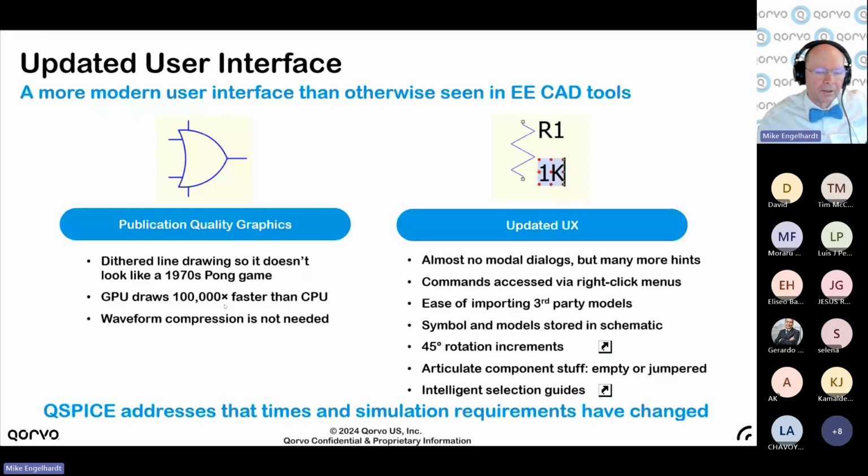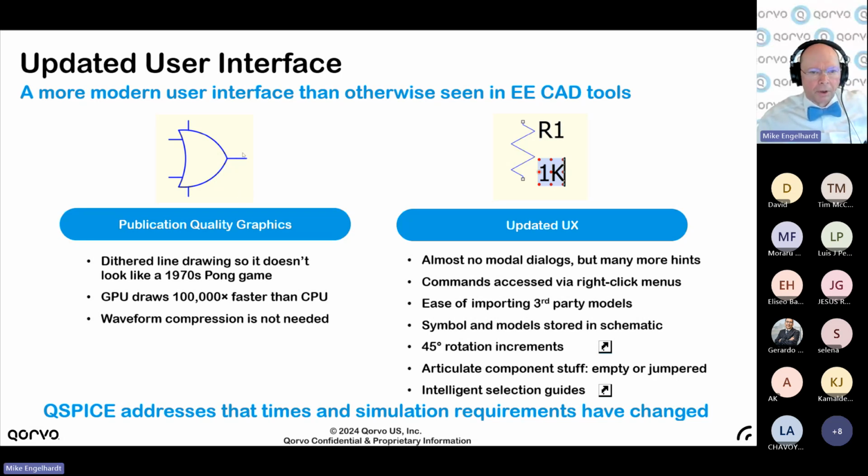You just can't go back to an older CAD tool that looks like you're actually trying to draw your schematics on a 1970s Pong game where you can see every pixel. The result is that every single thing you plot or draw in QSPICE is always desktop publishing quality.